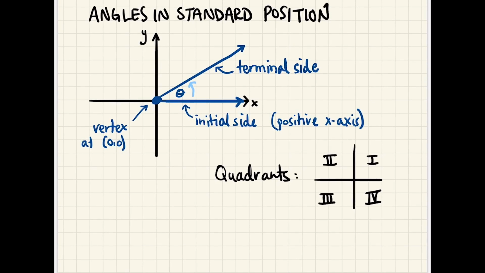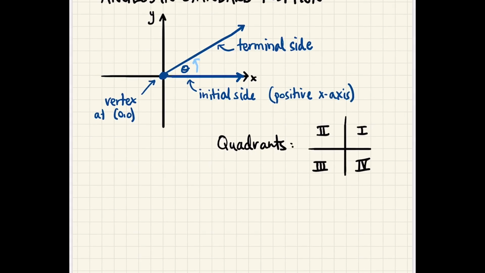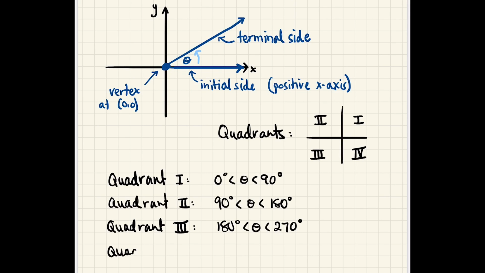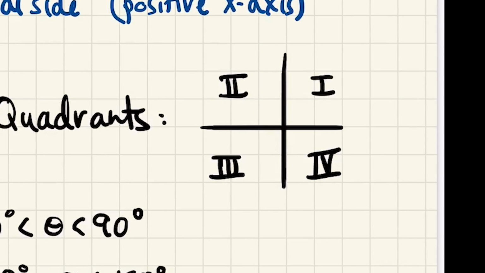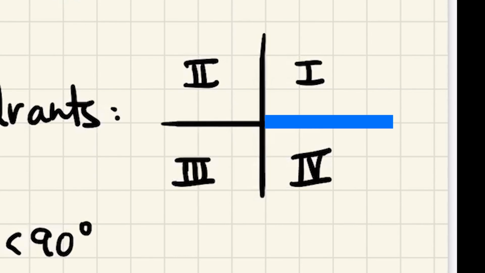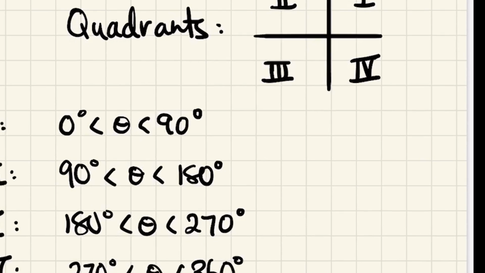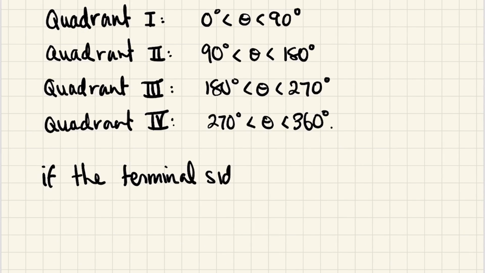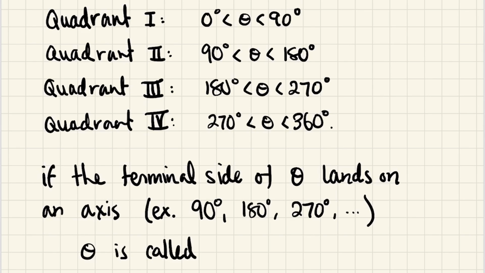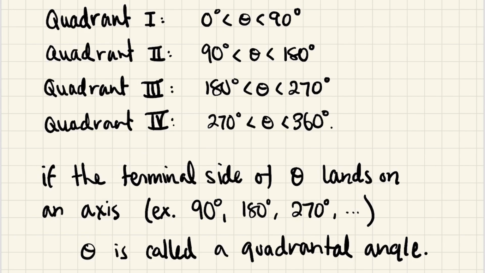Okay, and the quadrants for angles between 0 and 360 degrees are so defined. Now angles that are exactly equal to 90 degrees, 180 degrees, 270, 360, etc., those are called quadrantal angles.